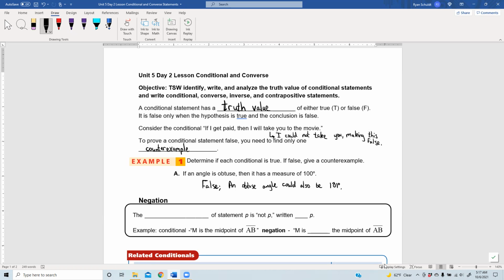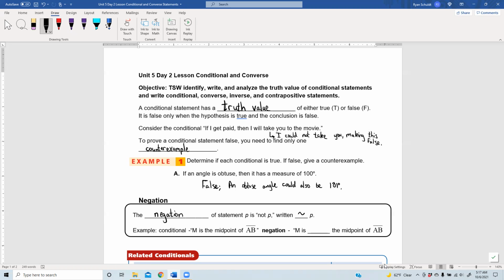Okay, negation. The negation of a statement P is not P. And the way we write this is with what's called a tilde, like a curly line.